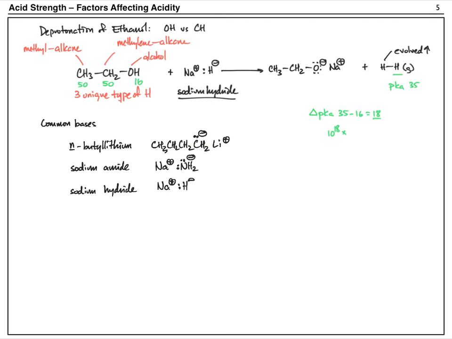So don't forget the negative charges. These are common bases we can use to carry out deprotonations of weakly acidic functional groups. And again, these are all strong bases.